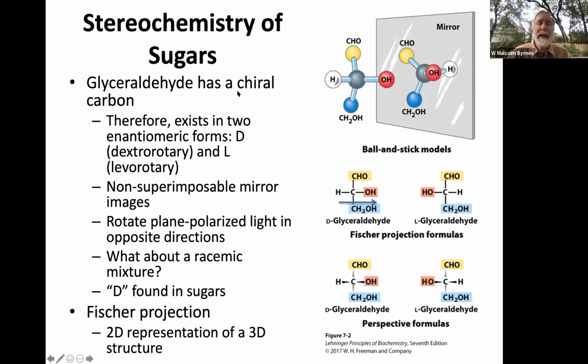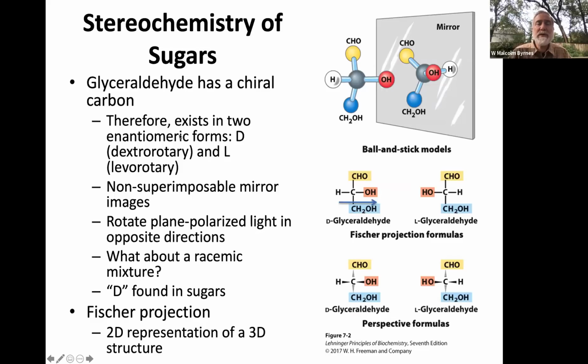And glyceraldehyde has such a chiral carbon. Therefore, it exists in 2 different so-called enantiomeric forms. The D, which stands for dextrorotary, and the L, which stands for levorotary.